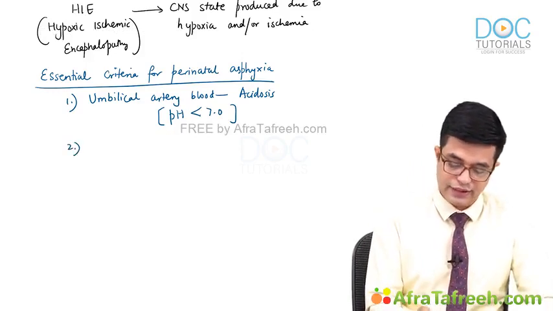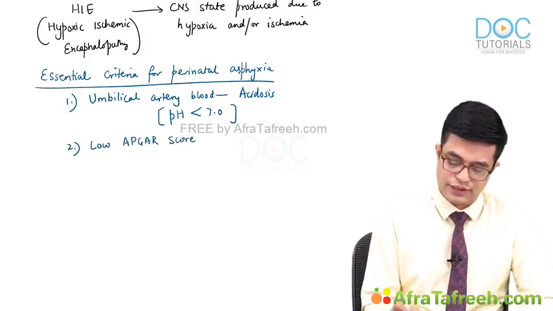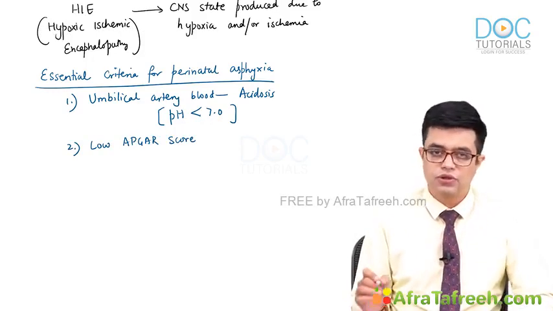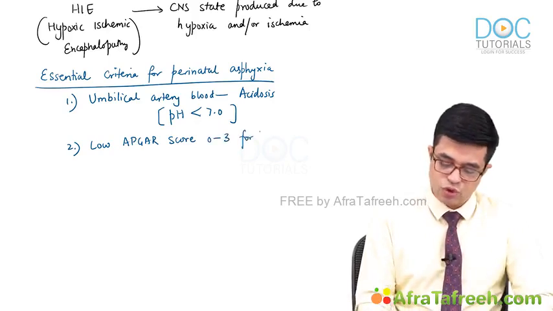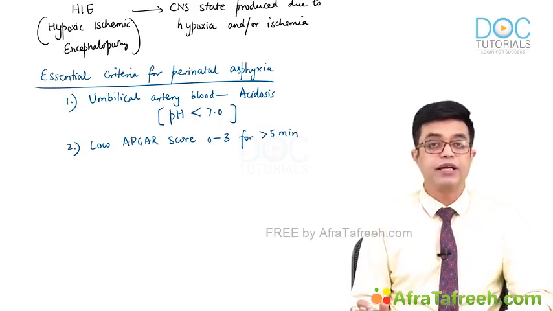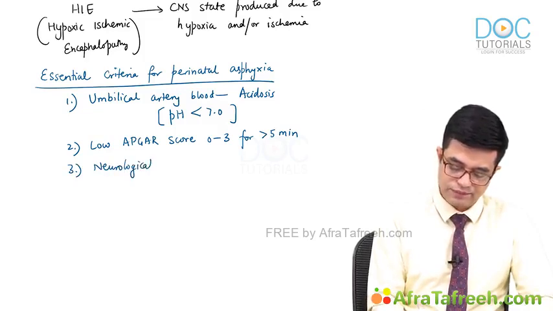The second criteria is a low APGAR score. We have already talked about APGAR score when we discussed neonatal resuscitation. So a low APGAR score, that is 0 to 3 for more than 5 minutes after birth, is again a criteria for perinatal asphyxia. Third, the child should have a neurological manifestation.